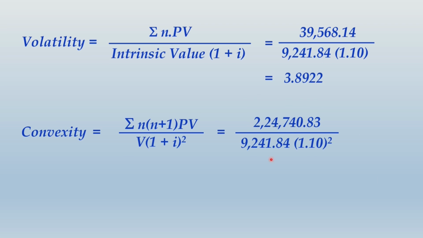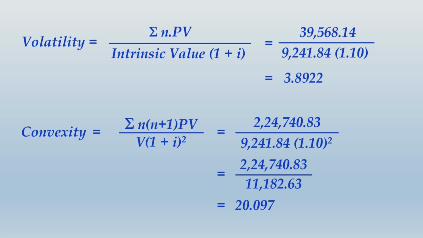In the denominator over here, the value of the bond remains as it is, and the 1 plus I value will be taken in the squared form. So when you compute this, what you get as convexity of the bond is 20.097. Now, as I told you, what we have to do with this convexity will be coming up in the follow-up calculation when we talk about convexity adjustment.